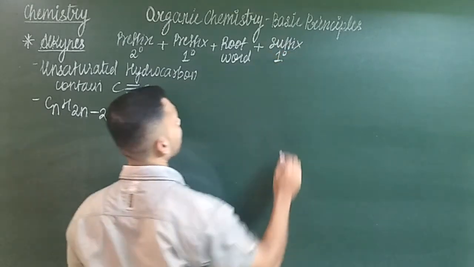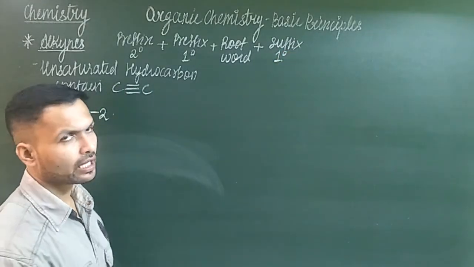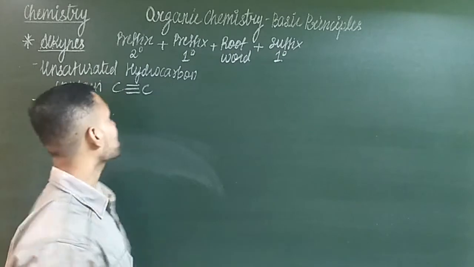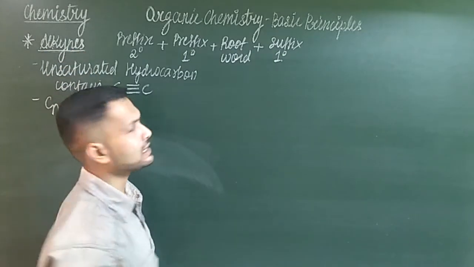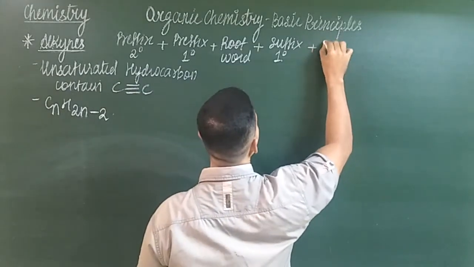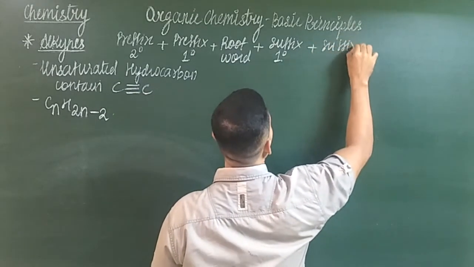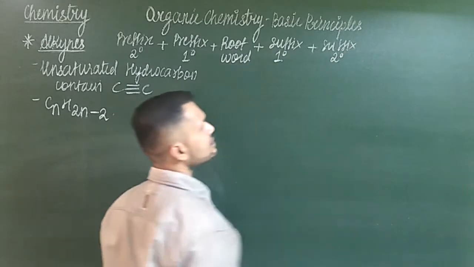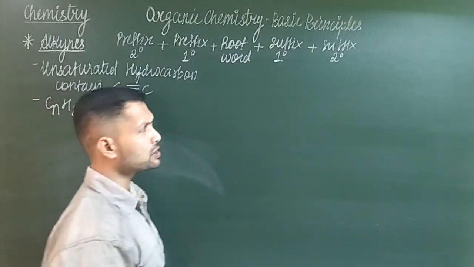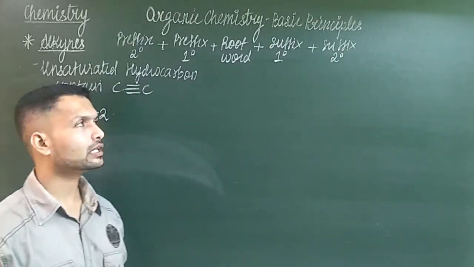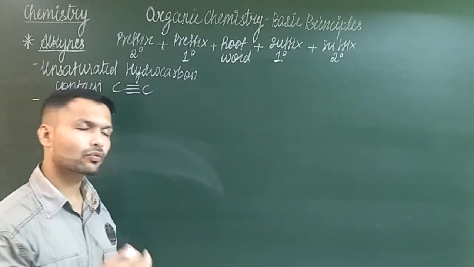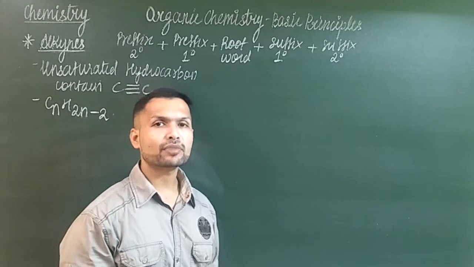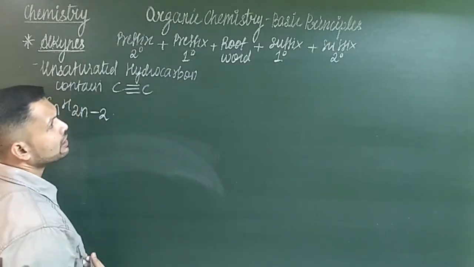Now what is the primary suffix? Generally it is double or triple bond, or ane. In this case we are seeing alkynes, so here we will mostly be writing yne. The secondary suffixes, which are the functional groups, we will deal with in the next video: the different functional groups, how they are written, what the suffixes are, and how they are written if they come in a branch.